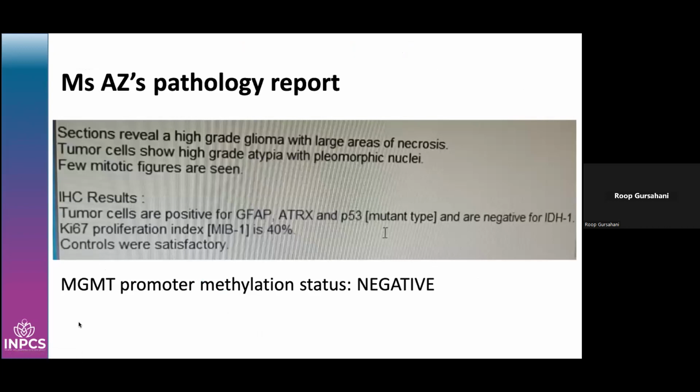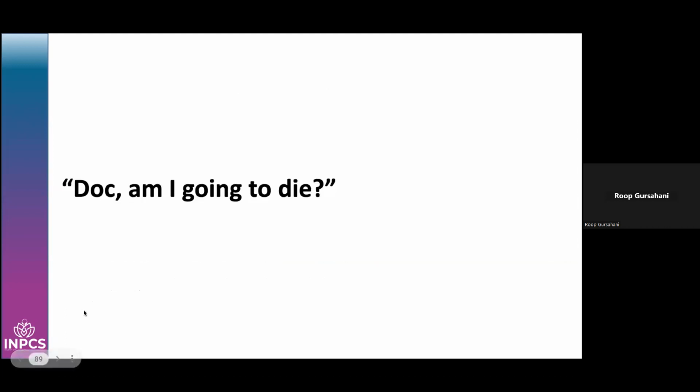Now, her report showed a high-grade glioma with large areas of necrosis, and the tumor cells were negative for IDH1, in the sense that this is probably the worst prognosis for these tumors.